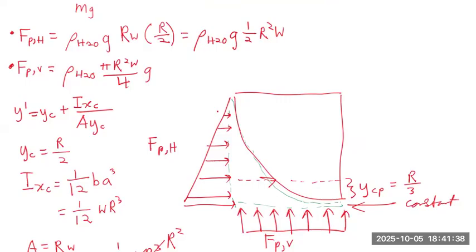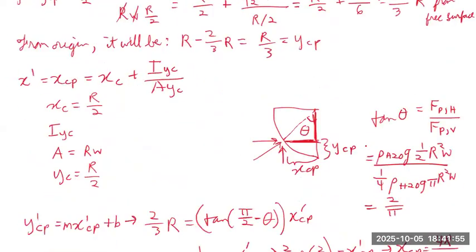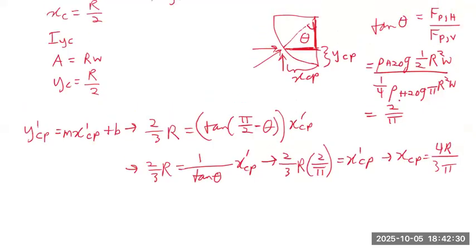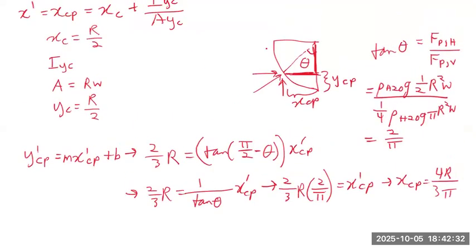And the weight of the water above it must act through the centroid, because weight always acts through the centroid. So it must act through the centroid of this semicircle. And here we have our x prime and y prime directions.